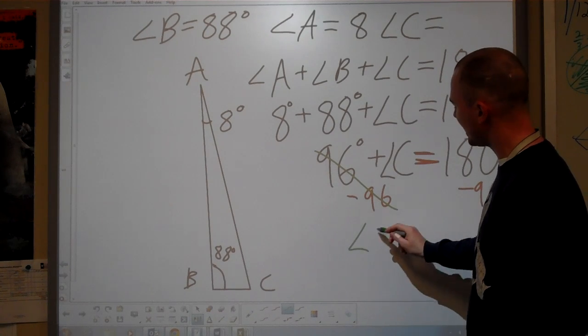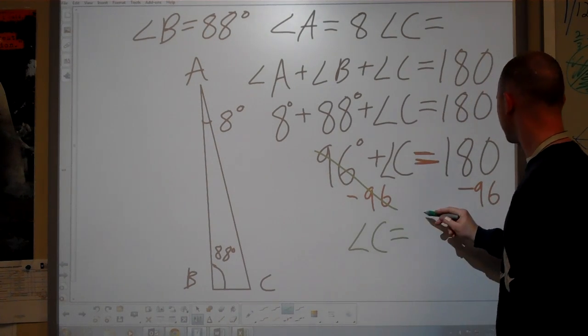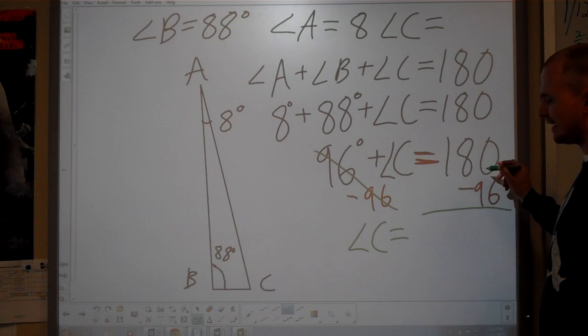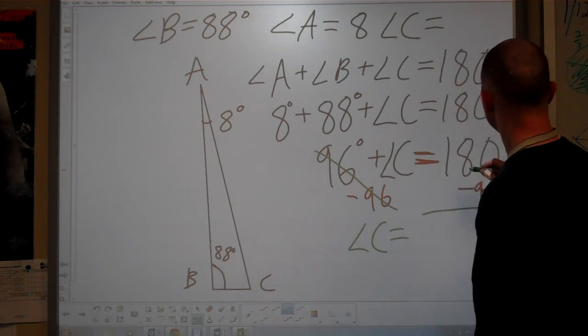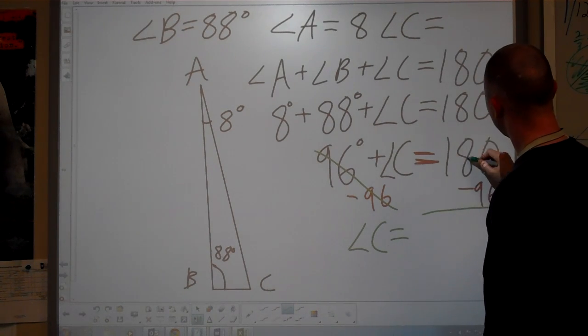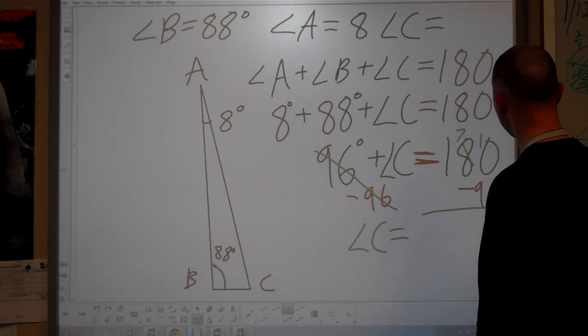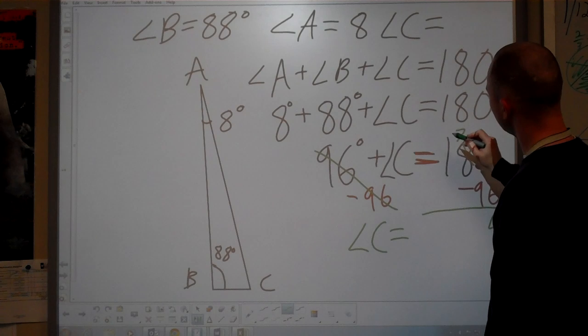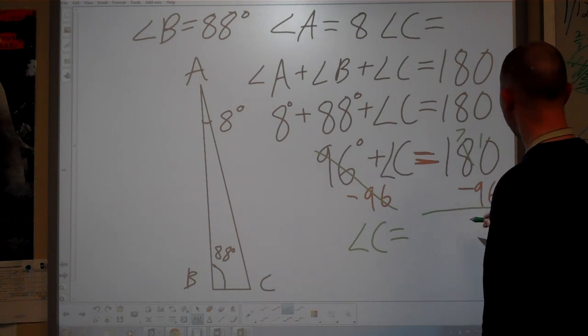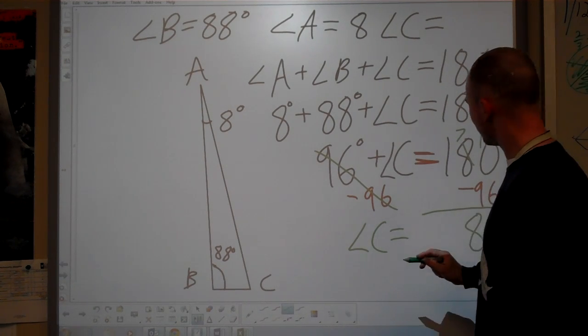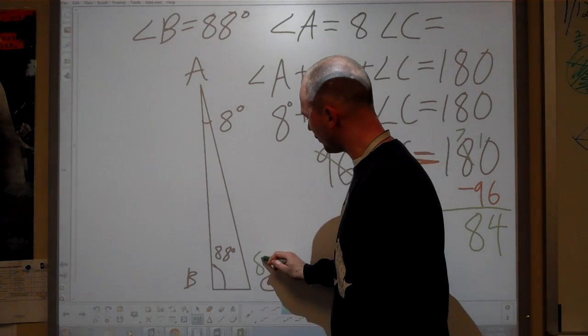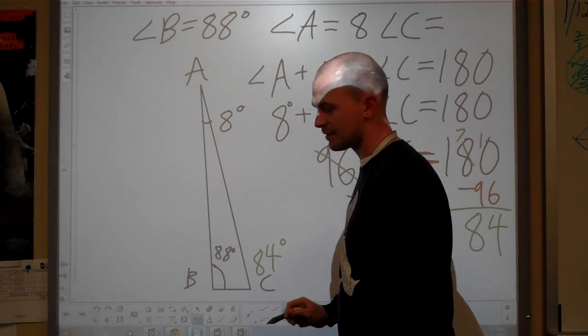So I've got angle C isolated on this side, and on this side I have 180 minus 96. So 0 minus 6, can't do that. Make this a 7, make this a 10. 10 minus 6 is 4. 7 minus 9, can't do that. 17 minus 9 is 8. So angle C here would equal 84 degrees.